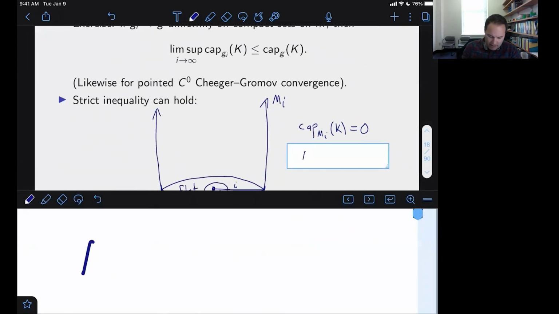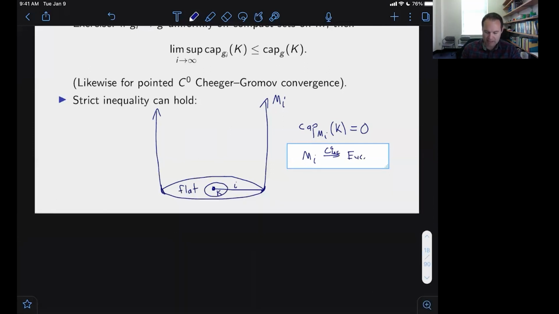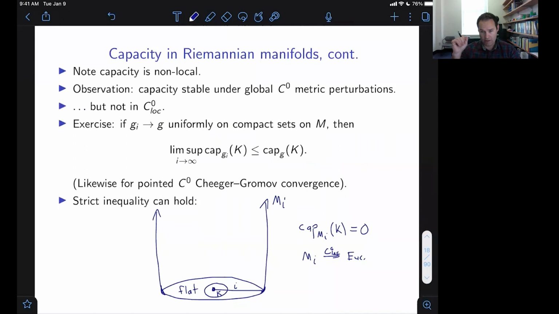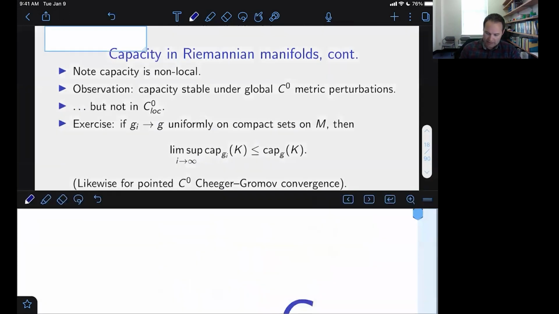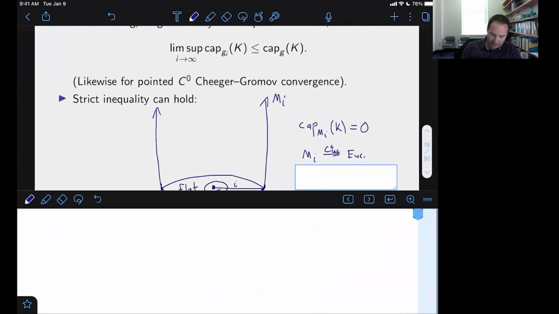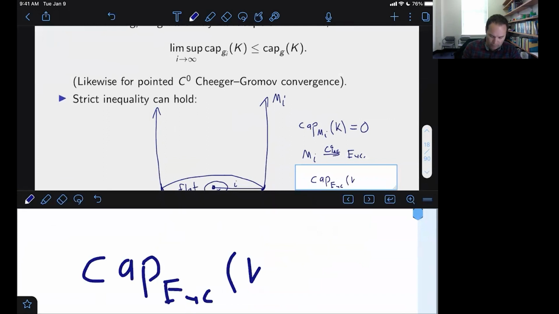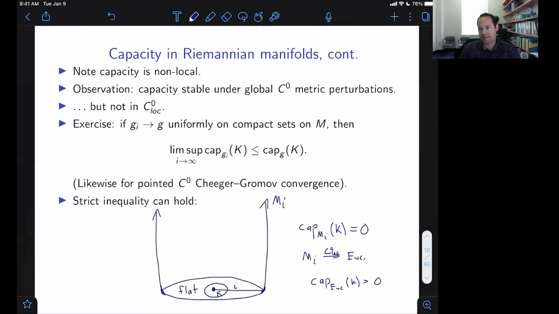But Mi converges in C0 loc to just Euclidean space, just because that ball is getting bigger and bigger with i. In Euclidean space, you could easily have a set like a ball, for example, with positive capacity. So this is showing that you can have a capacity jump up due to changes in the end behavior of the manifold under your sequence.